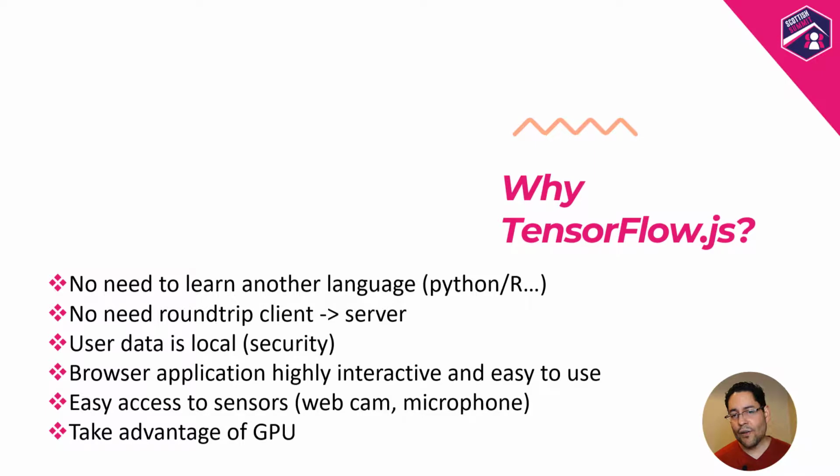In addition, all of this can take place on the device, so you don't need any round trip from the client to the server. That can also lead to higher security because you don't run the risk of a man-in-the-middle attack, since the user data is local and all the computation takes place locally.